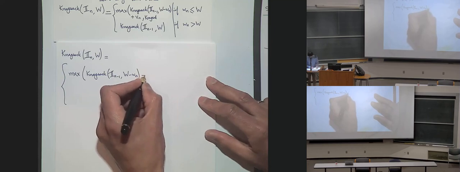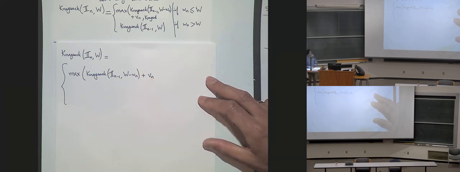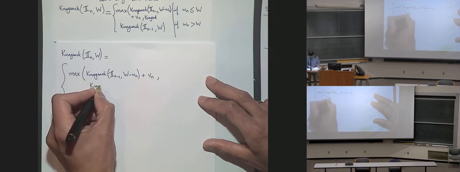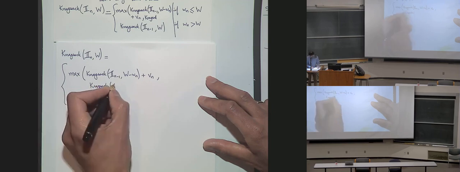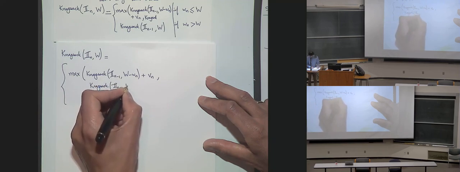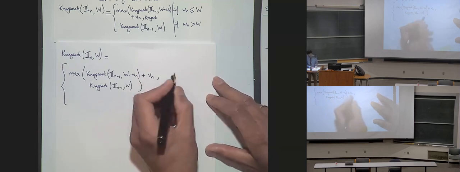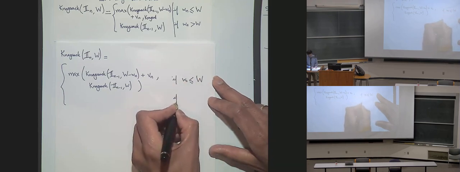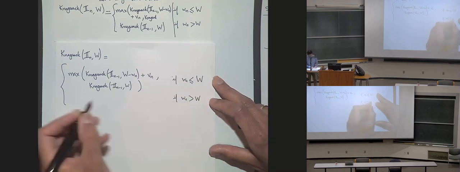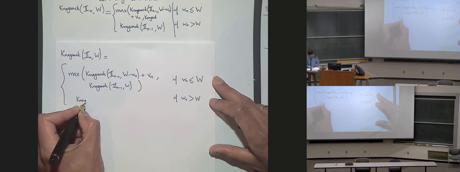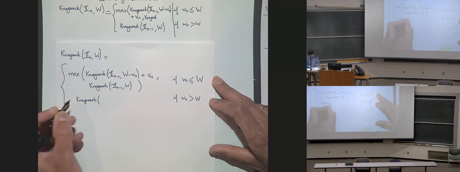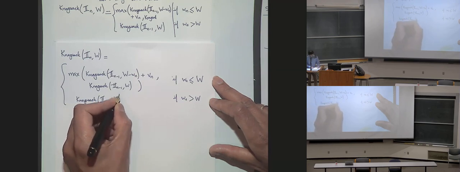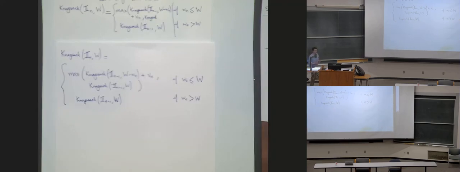So you've reduced the capacity, but you add in the value. That and knapsack I, n minus 1, W. So you take the max of these if w_n is less than W. If w_n was more than W, then you just do the vanilla knapsack. Does this make sense?